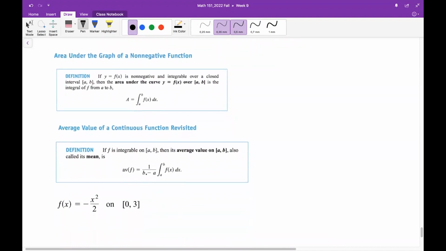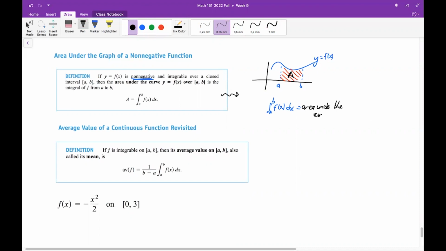Area under the graph of a non-negative function, we use this idea several times. This definition tells us that if you have a non-negative function, okay, being non-negative is important here, over a closed interval, if you take the definite integral of this non-negative function, dx, then you will find a number for sure, and that number has a geometric interpretation, which is the area under the curve.